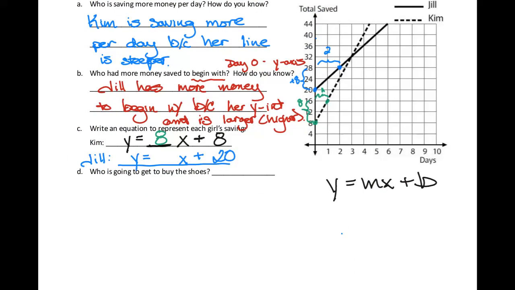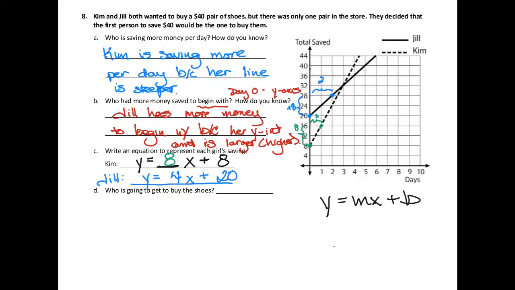So 8 over 2 is going to give me 4. Okay, so that's why Kim has, her line is increasing twice as fast. 2 times faster than what Jill's does.